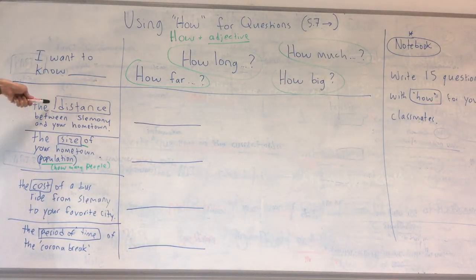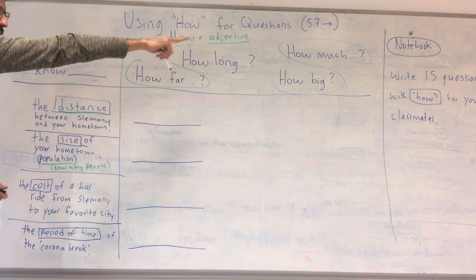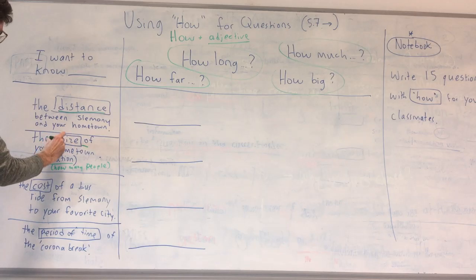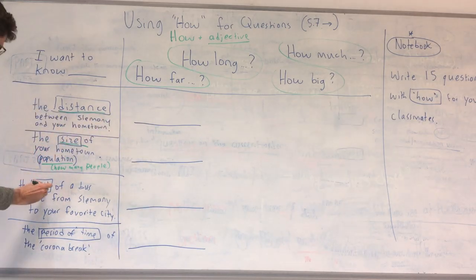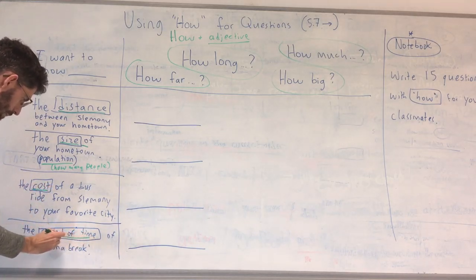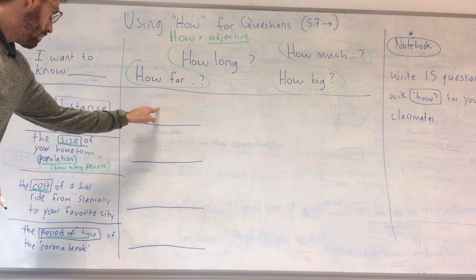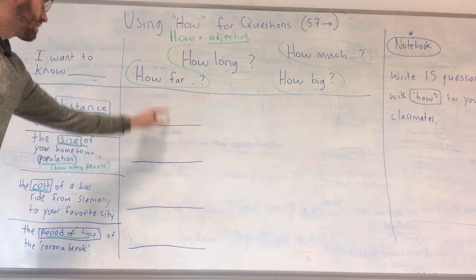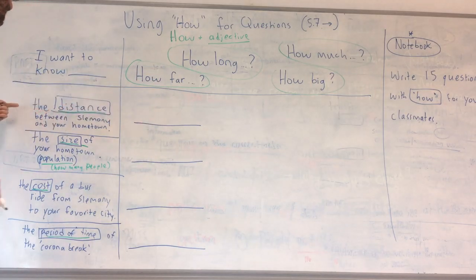If you want to know the distance, which one of these do you use? You want to know the size of something? You want to know the cost? Or you want to know the period of time? Okay? Pause the video and try to write the correct question phrase, question word, with the information that you want.